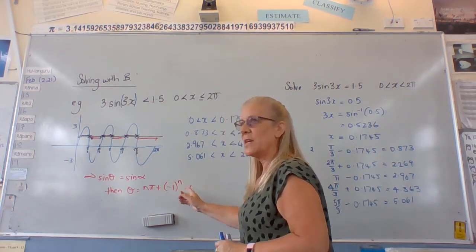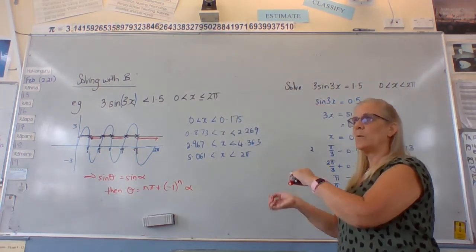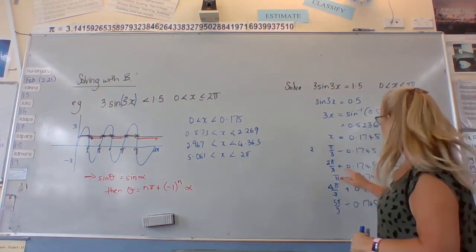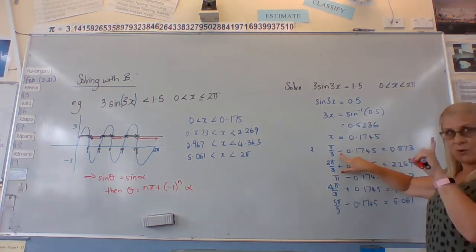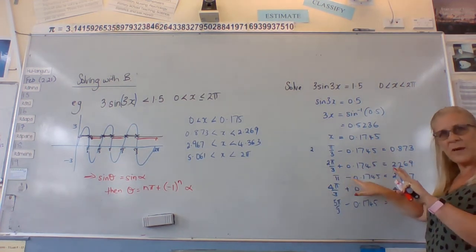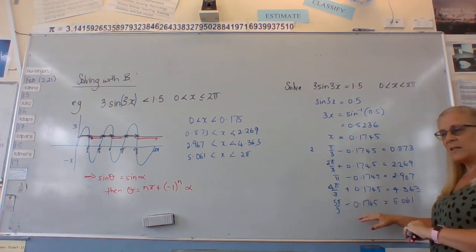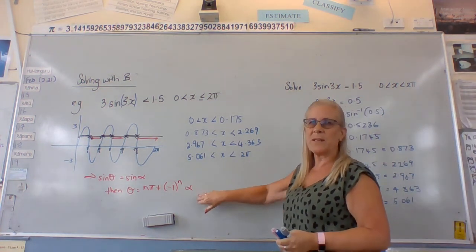We'll add or subtract, so -1 alternates. When it's got an even power, we're adding. When it's got an odd power, we're subtracting. So odd power, first answer, after it. Even power, added on. Odd power, subtract it. Even power, added on. Odd power, subtract. And that's what that formula there means.